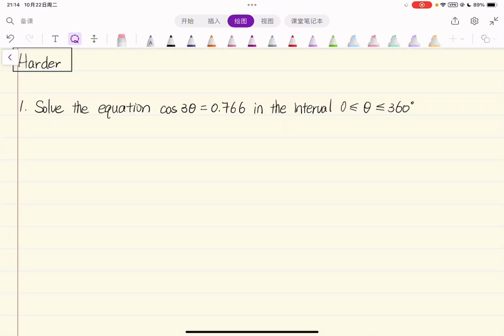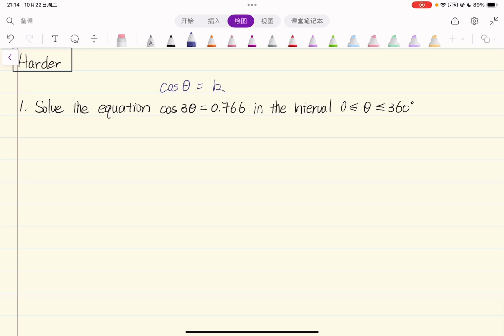Let's move on to see some harder questions. So question 1, solve the equation cosine 3 theta equals 0.766 in the interval theta less than or equal to 360 degrees and greater than or equal to 0. In the previous question, we solved the equation like cosine theta equals k.